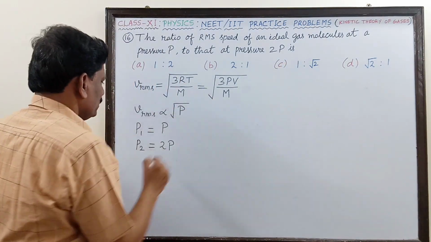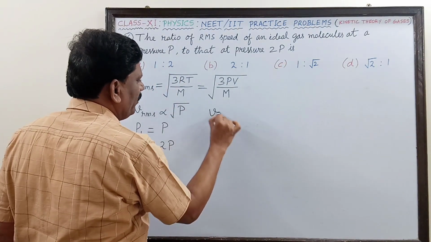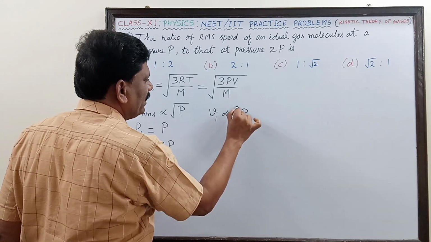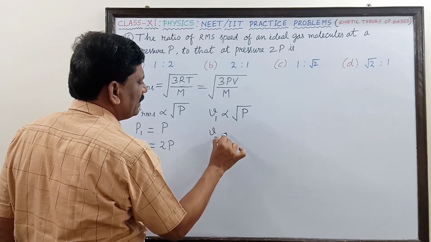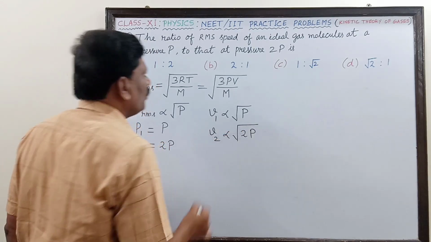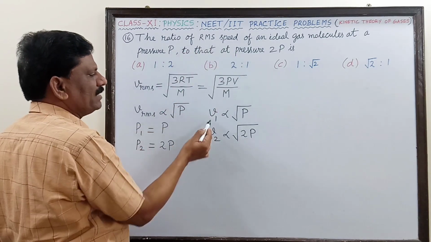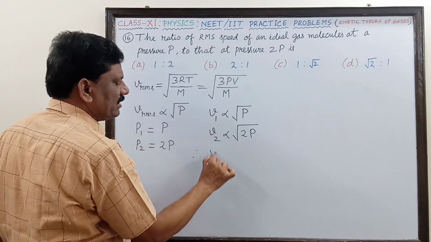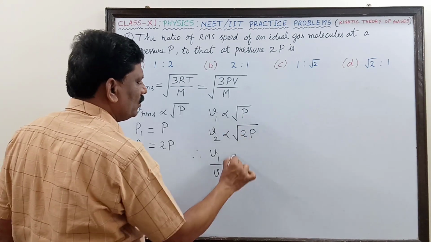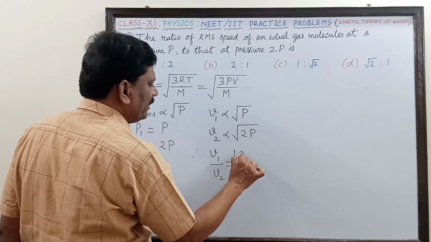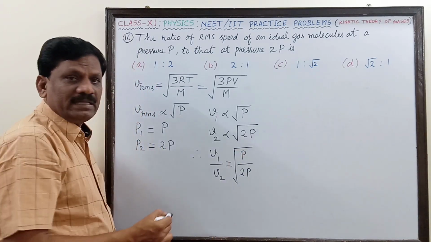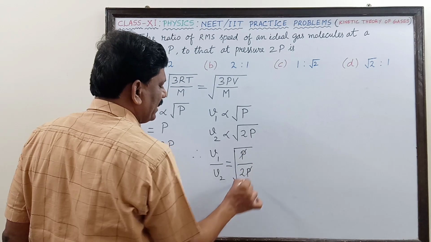So V RMS 1 is proportional to square root of P, and V2 is proportional to square root of 2P. So what is asked here? The ratio of the RMS speed V1 is to V2 is asked. Therefore, V1 divided by V2 is equal to square root of P divided by 2P, so that the pressure term gets cancelled.